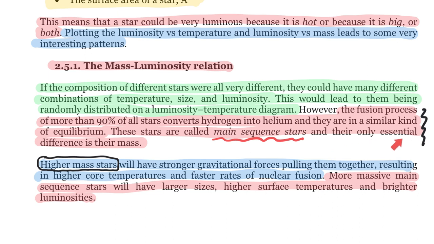And in essence, their only essential difference is their mass. Now, higher mass stars will have stronger gravitational forces pulling them together, resulting in higher core temperatures, but then also faster rates of nuclear fusion. So more massive main sequence stars will have larger sizes, higher surface temperatures, and brighter luminosities.